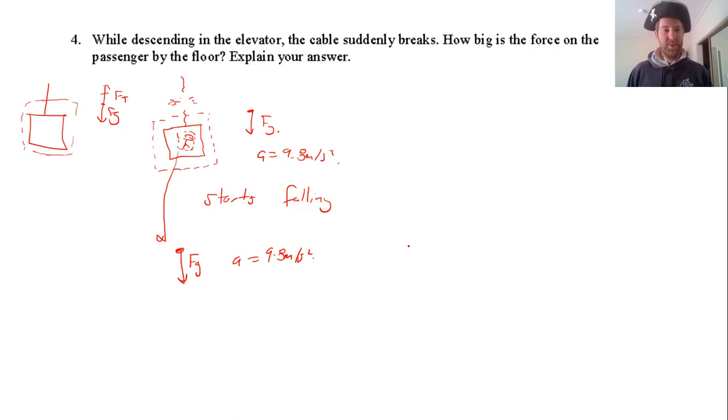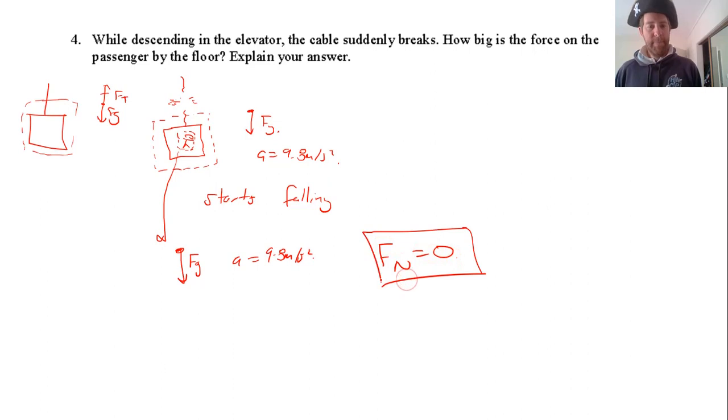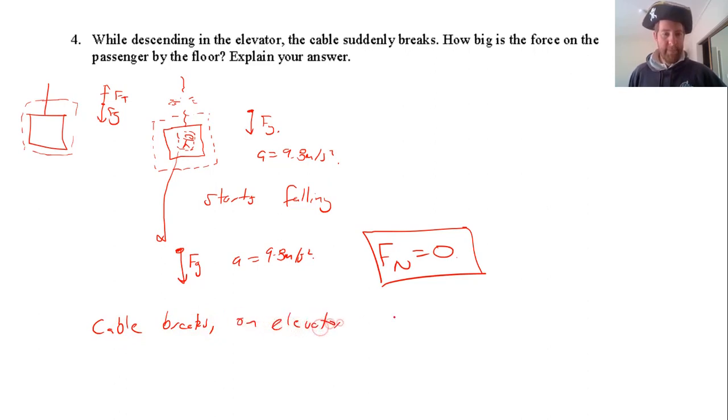And so you fall at that. So how big is the force on the passenger by the floor? There's no normal force at all. And it turns out when there's no normal force, you feel weightless. So this person's going to feel weightless all the way down until they crash into the ground at the bottom. So that was my explanation. Maybe I should write it. Cable breaks. And on elevator, total force is just gravity. It free falls.